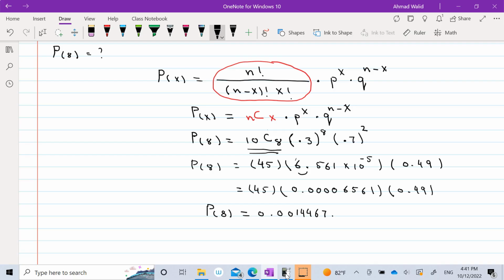That will be your answer for this problem. Correct? This is the probability of getting 8 4s in 10 tries, 10 independent tries. This is the probability of getting 8 4s. Correct?